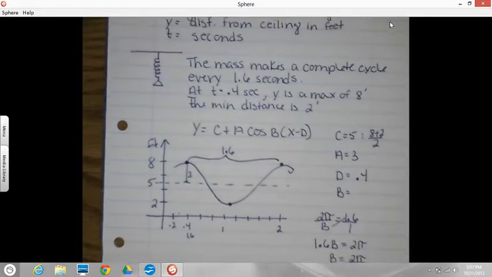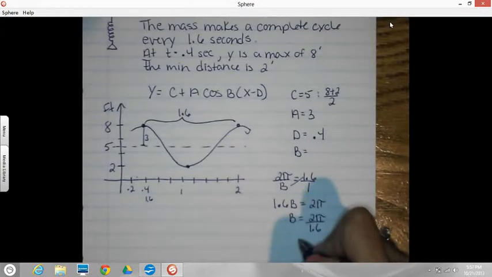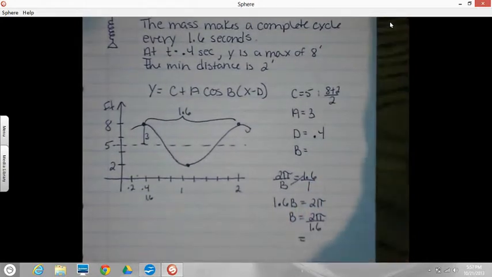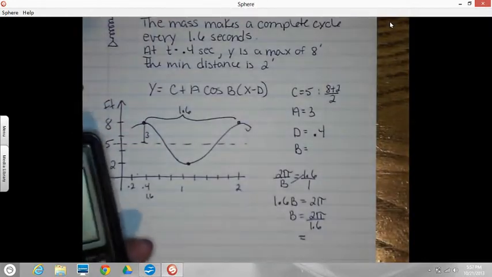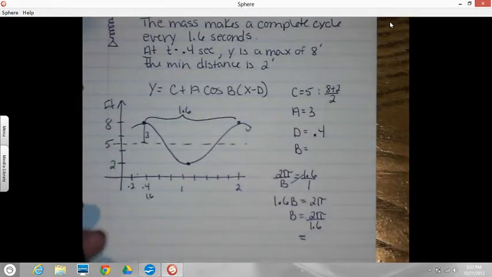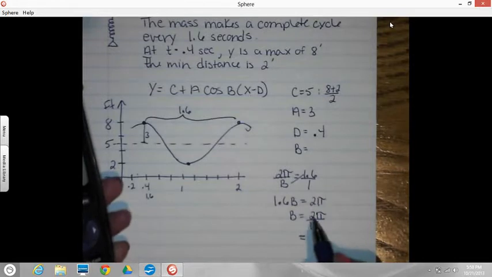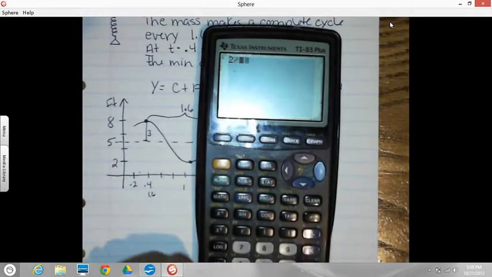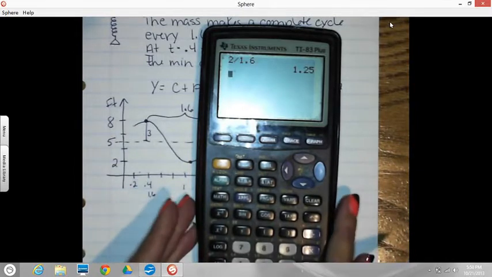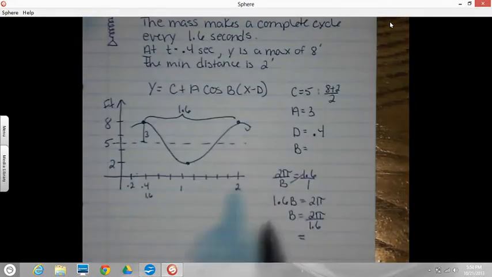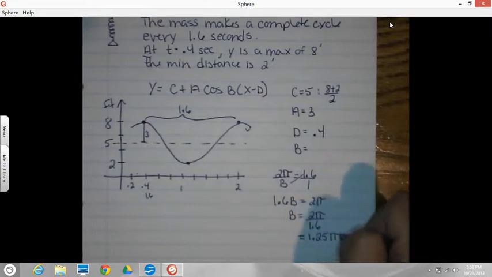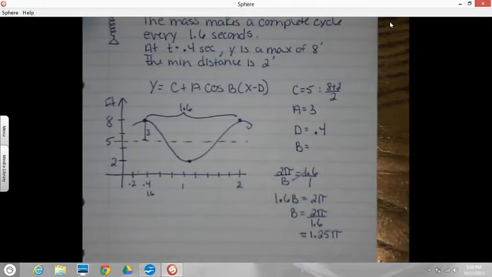So if I take care of that ugliness, I'm going to go 2 divided by the 1.6, just because I really don't want a decimal within the fraction. But I want to keep the pi in there. I want to keep it exact. So 2 divided by 1.6 is 1.25 pi. Okay, so I've got everything we need to write the equation now.